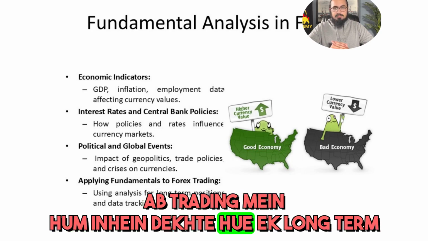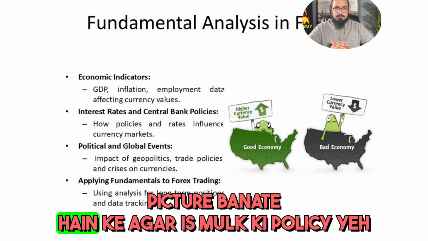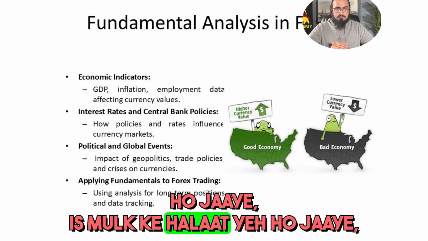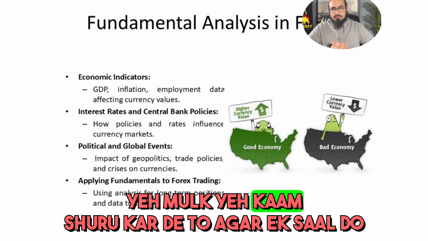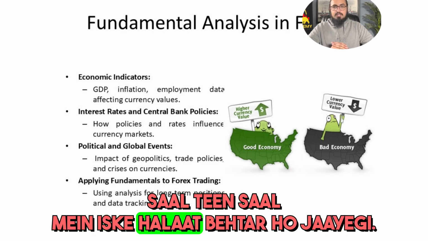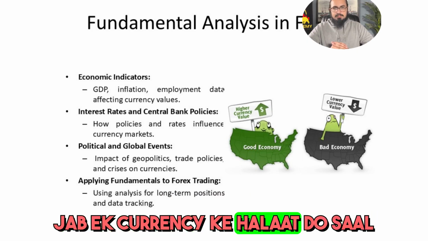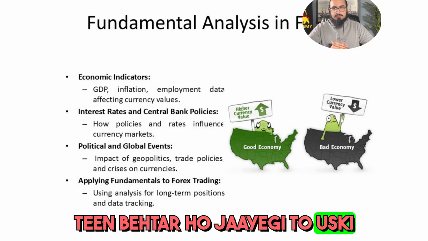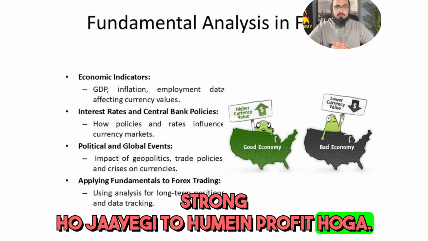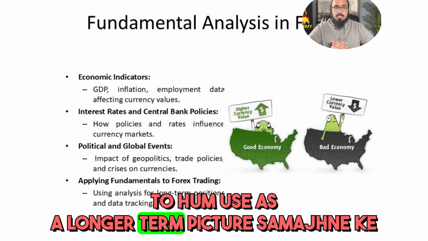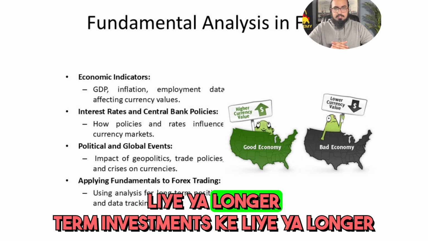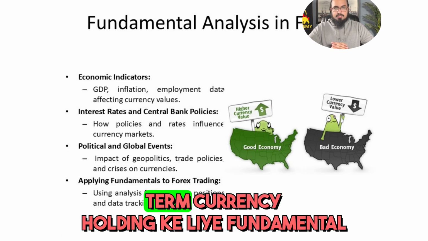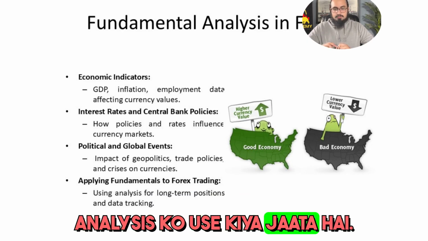In trading, we look at them and create a long-term picture. If this kind of policy happens, if this kind of situation arises, if this starts improving, then in 1 year, 2 years, 3 years, its condition will get better. When the condition of a country like Australia improves, its currency will also become strong. So it will be perfect for us. We understand it as a long-term picture or for long-term investment. Fundamental analysis is used for long-term currency holding.